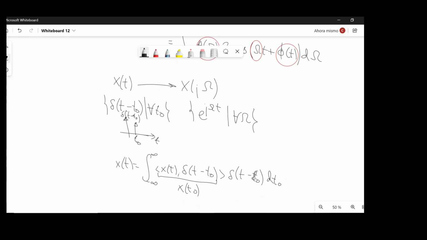It is the value that you have when you have a signal like this, the value at t naught, times x of t times delta of t minus t naught. And you have to integrate many of these values. It should be the right symbol, it should be a variable.